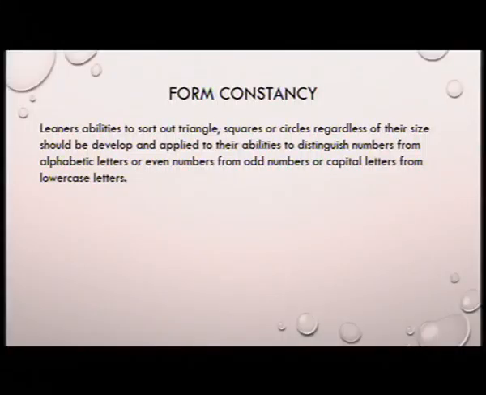So the learners must go into the box, take out all the numbers, take out all the alphabetic letters, and put them in one box, and that is how they will sort out these two things from one another. And then they can know that the E belongs to alphabetic letters, but the 3 belongs to numbers. So you can help them to develop or to master these types of things.